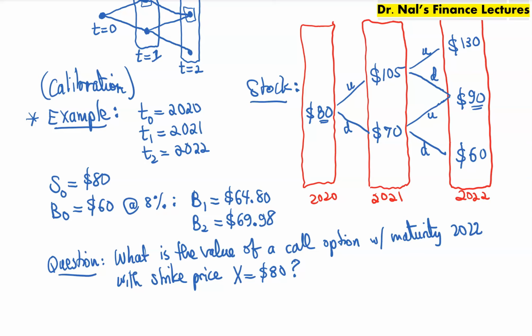So 2 years later, if we are in one of these 2 states of the world, then we can exercise our right to buy the security at $80, and we can end up selling it at 130 or 90, and we make a good profit out of it. I think it's clear. The outcome is clear. And the only case where this call option will go worthless is this one. If 2 downs back to back, the call option will go worthless. So then the question is, how much is this call option worth?